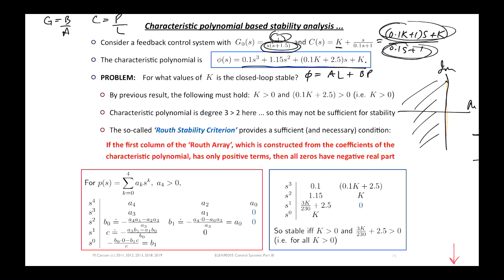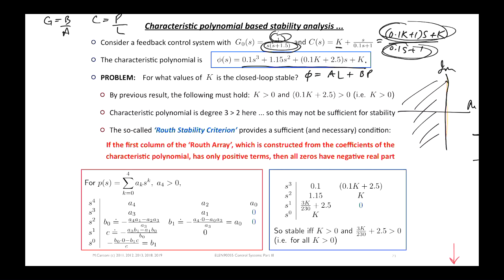Well, you're probably better off looking at the error signal. So the error signal will be 1 on 1 plus G(s)C(s) times R(s). That's 1 on 1 plus lambda(s), R(s). And now R(s) is equal to 1 on s, that's a step.